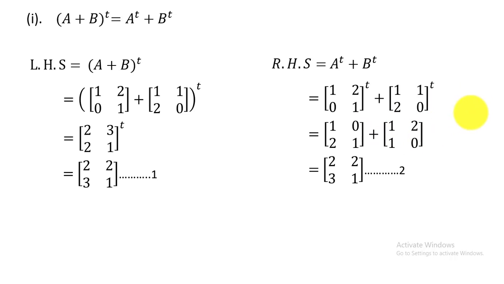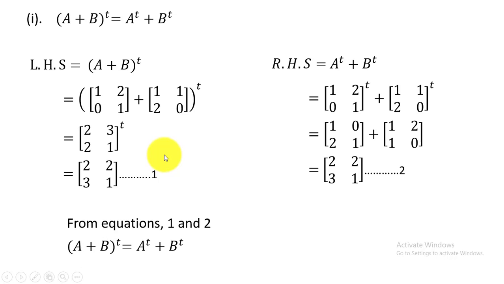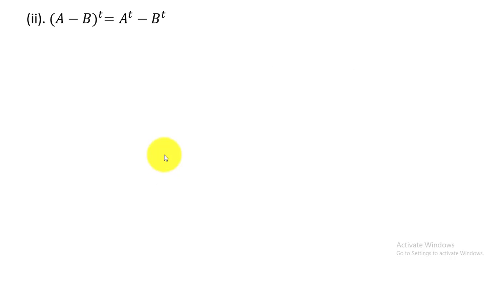We just add their corresponding elements. So 1 plus 1 is equal to 2, 0 plus 2 is equal to 2, 2 plus 1 is equal to 3 and 1 plus 0 is equal to 1. From equation 1 and 2, both the matrices are the same. So left hand side is equal to right hand side. Hence A plus B whole transpose is equal to A transpose plus B transpose.